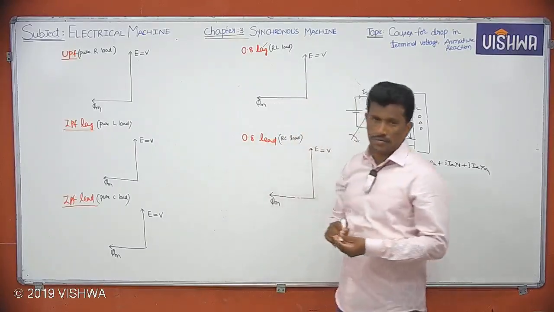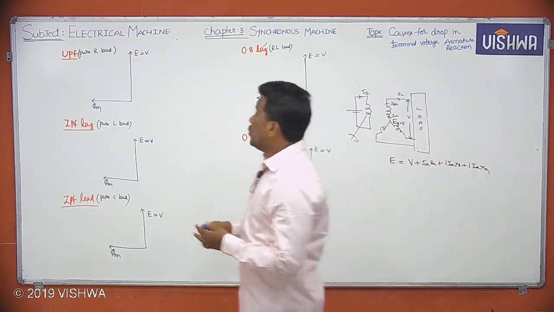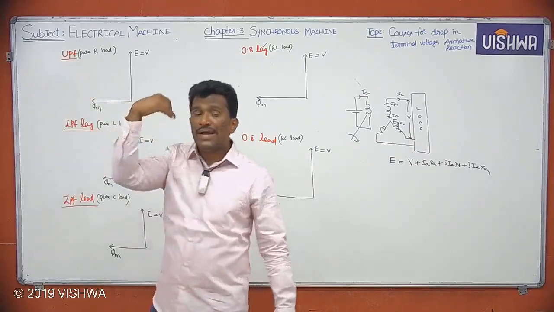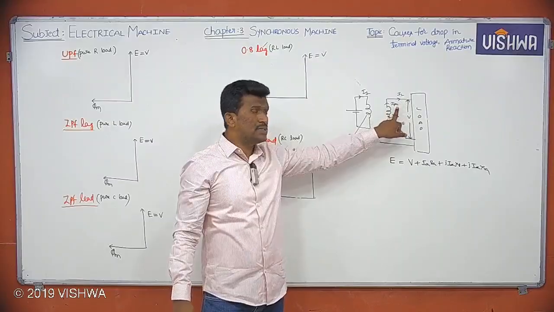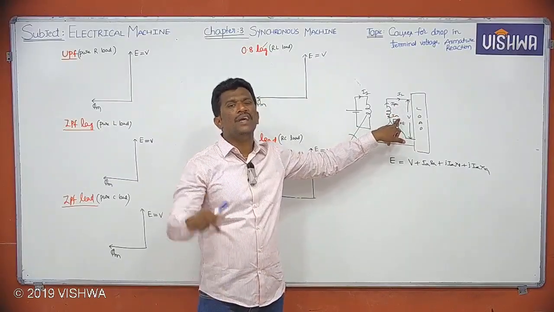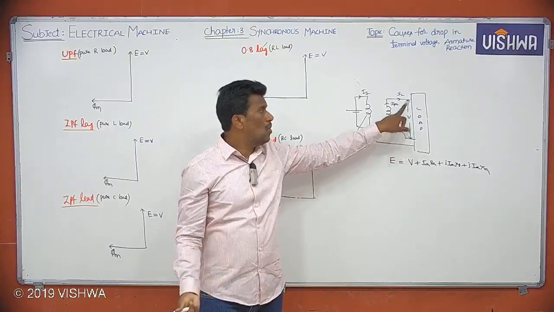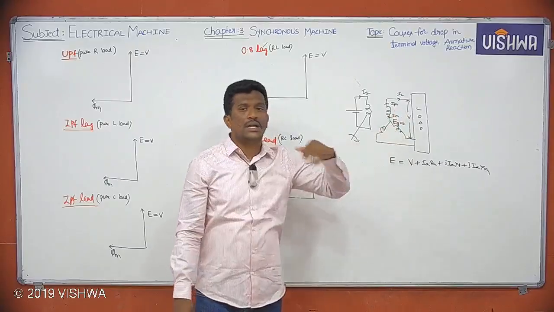Now let us see, guys. If it is UPF load, load current IL can also be called as I phase, can also be called as IA. Armature current IA and load current IL are both the same here because the armature winding is star connection.